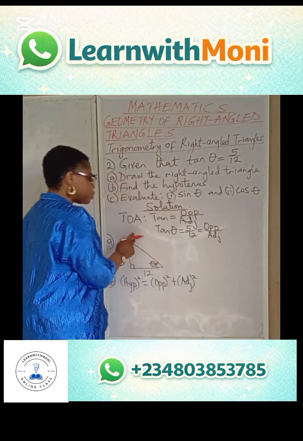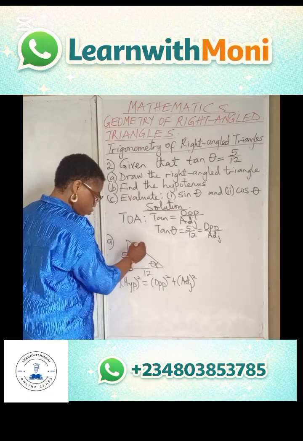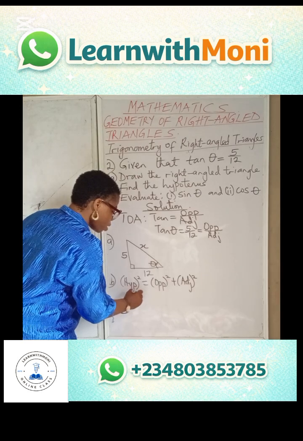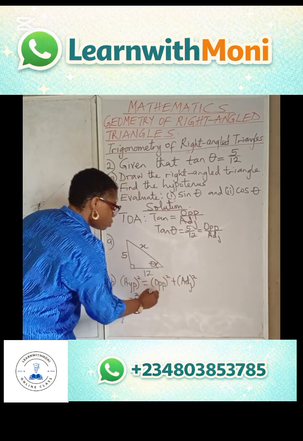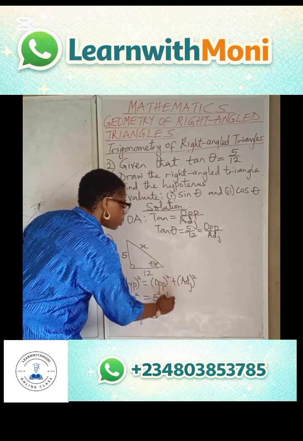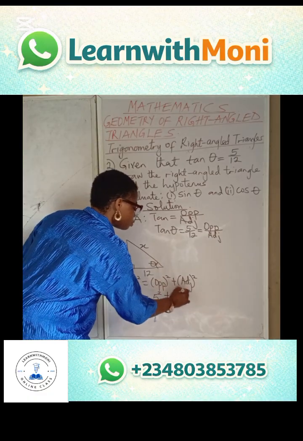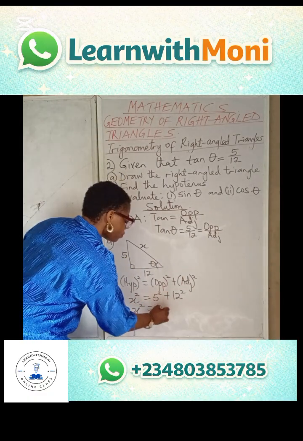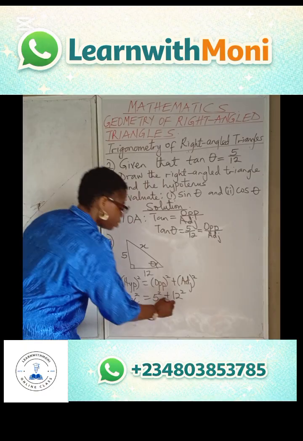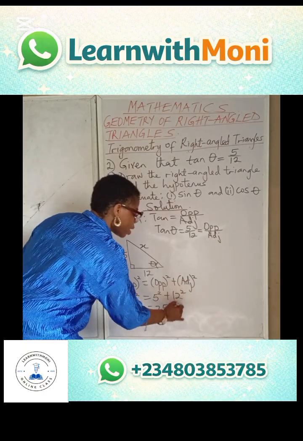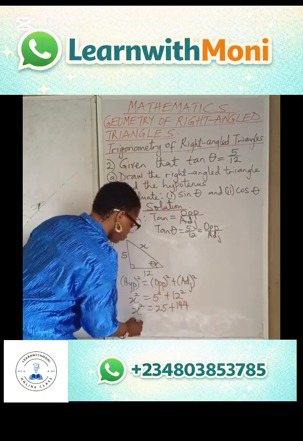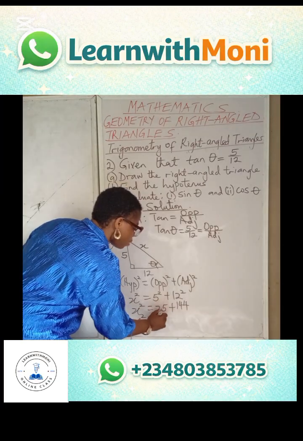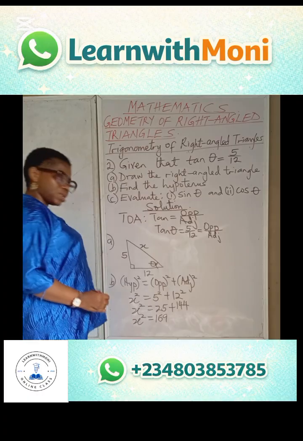The hypotenuse here, I don't know, so I want to call it x. That means I have x square equals opposite square plus adjacent square. That is x square equals 25, which is 5 times 5, plus 12 times 12, which is 144. x square is equal to 25 plus 144, which is 169.